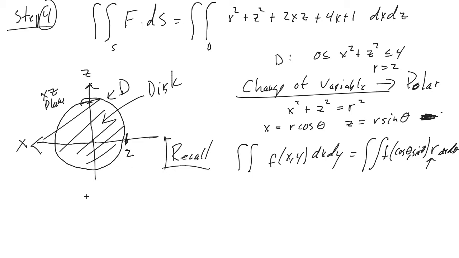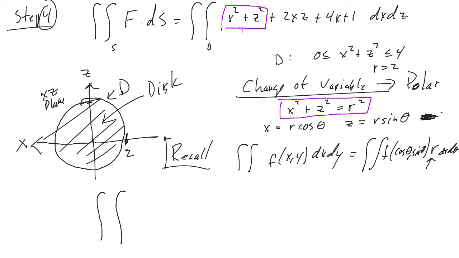So that's just as a recall, we need this r right here. Okay, so let's write this out. We're going to replace all of this using our change of variables. Notice right here, we have x squared plus z squared, which is r squared.